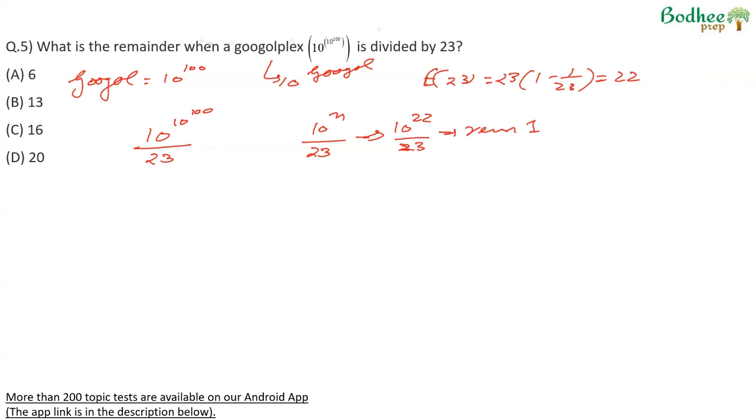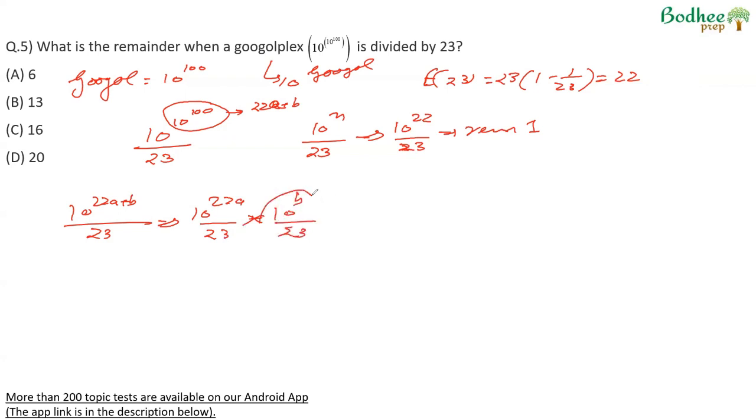And therefore, what we want to do is express this power in the form 22a plus b. So when we write 10 raised to power 22a plus b divided by 23, we will know that 10 raised to power 22a will leave a remainder of 1 into 10 raised to power b upon 23, is what we'll have to calculate.